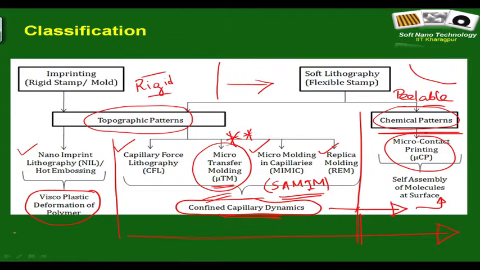In contrast, nano imprint lithography is actually a brute force method. You apply a lot of force to do the deformation, and the deformation of the polymeric layer is actually a viscoplastic deformation.